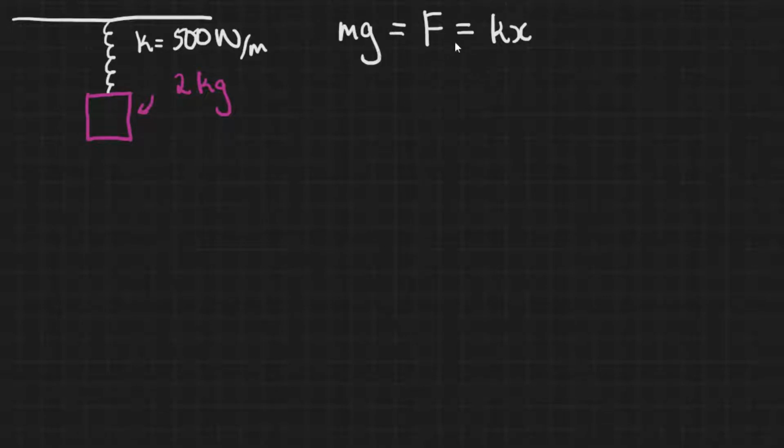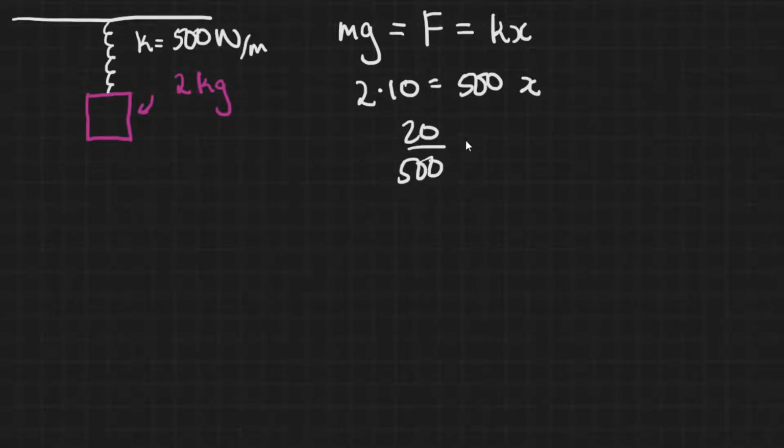So mg equals kx, and we just plug in values. m is 2, times g, which is 10, equals kx, and kx is just 500x. So this gives us 20 over 500 equals x, and x is in meters.